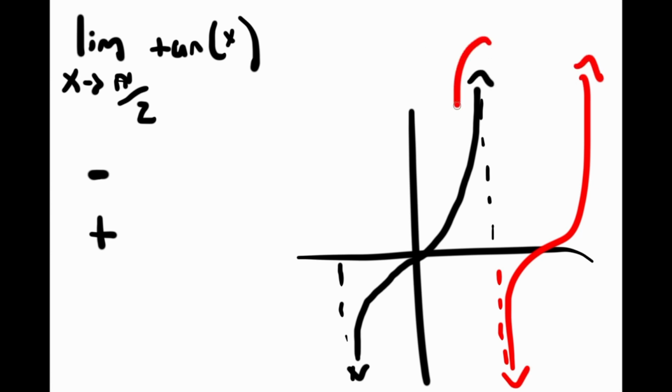And because of that, at the same exact value of pi over 2, we will be given both a positive and negative infinity value. But we see again that it is asymptotic at x equals pi over 2, which is right here.